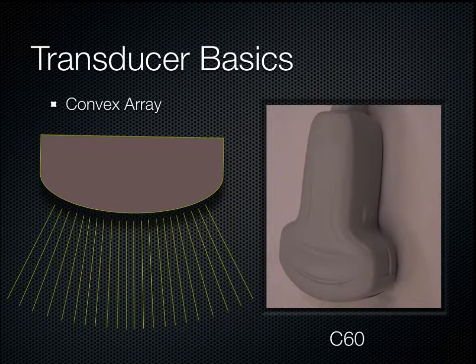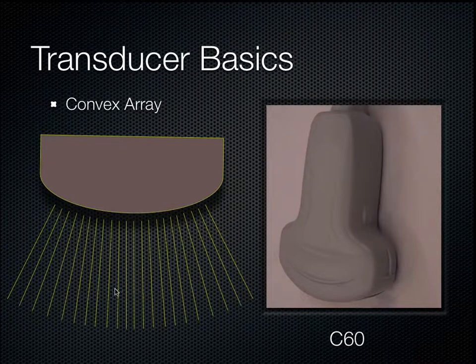The transducers have different footprints, too, and you may be wondering why that's the case. Well, here's an example of what we call the C60. C stands for curvilinear, 60, the number of millimeters across its surface, or 6 centimeters. It's a very large footprint. It's got these multiple elements lined up here in an array, and you can see as you get to the edges of this array, those scan lines spread out a little bit.